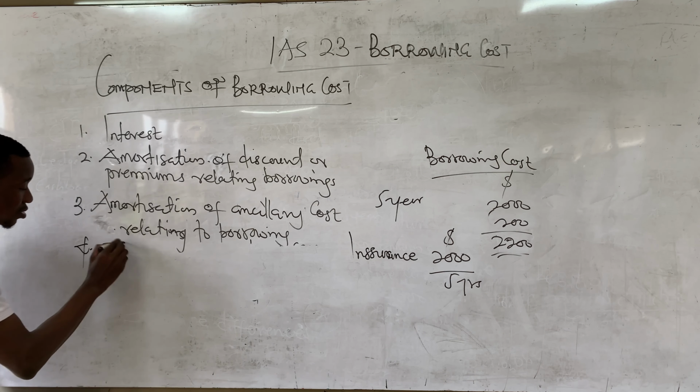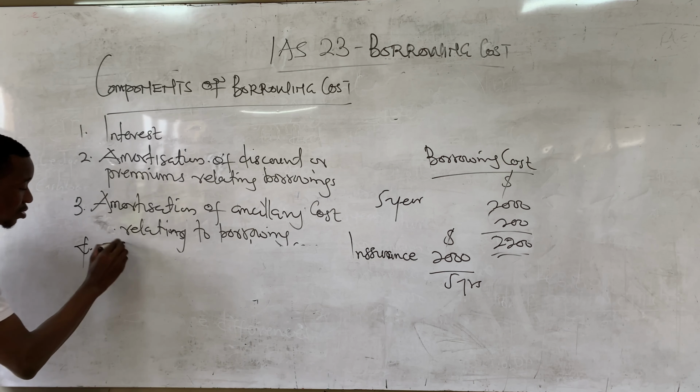Sometimes a business may need some non-current assets to undertake their project or activities, and because they don't have enough funds to do that, they go to someone we call a lessor to lease such assets to undertake their projects. So the finance cost in relation to the asset being leased is part of a borrowing cost.